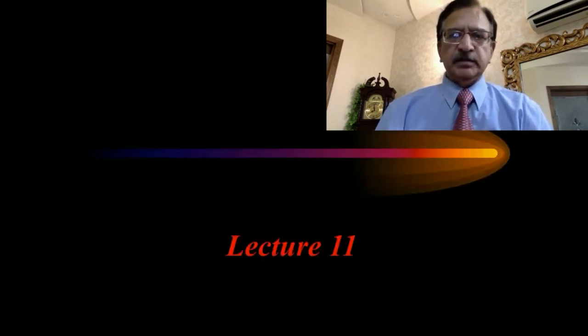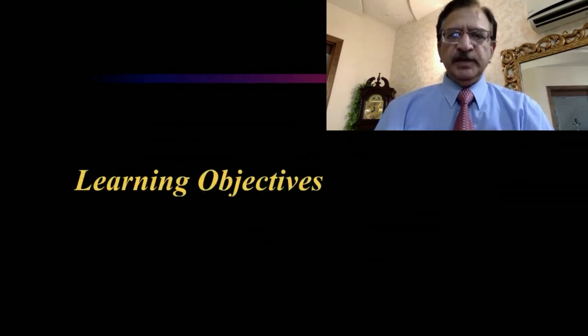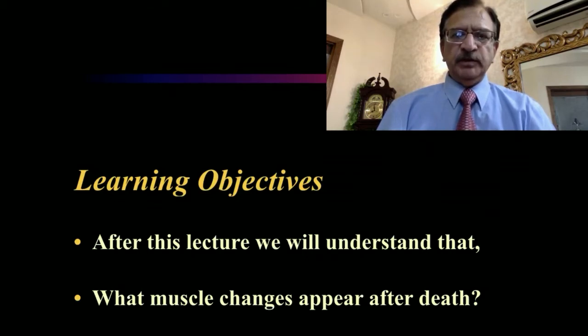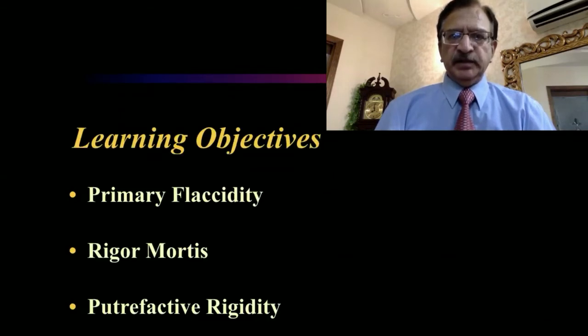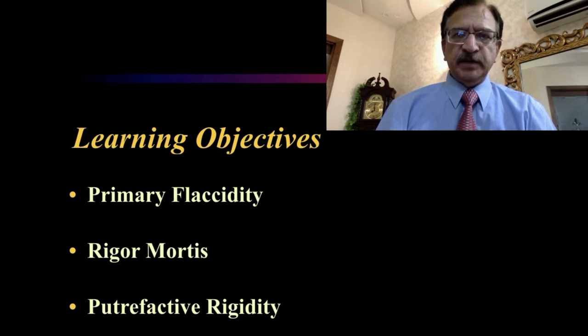I'm going to start the 11th lecture of the series of topics of thanatology. And the learning objective of this lecture will be that after this lecture, we'll be able to understand what are muscle changes which appear after death. And they are the primary flaccidity, which immediately appears at the time of the death, rigor mortis, that is the rigidity after death, and putrefaction rigidity, which develops at the time of putrefaction.